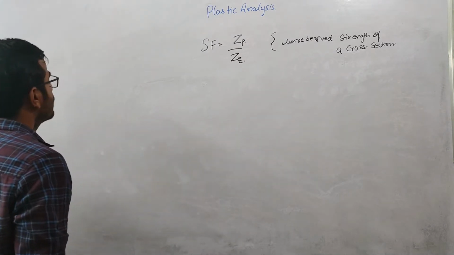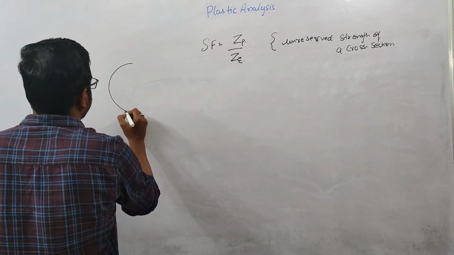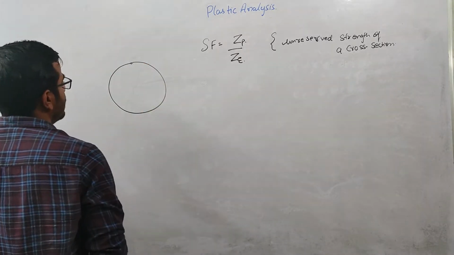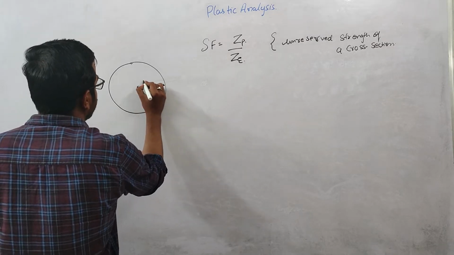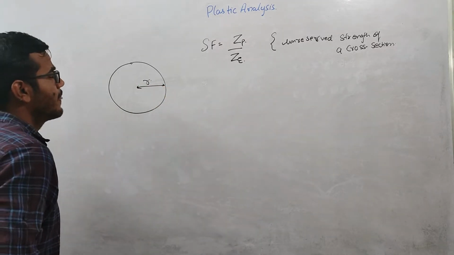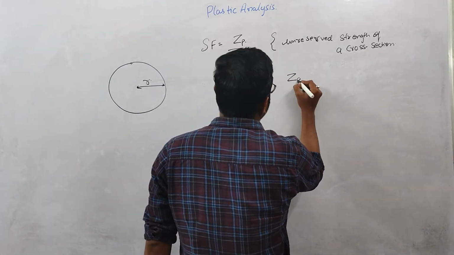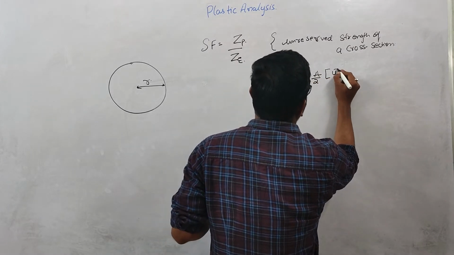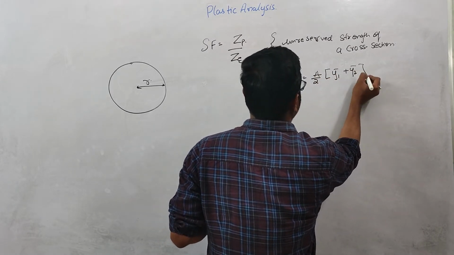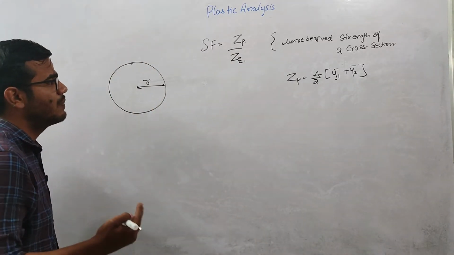Now let us suppose we have one cross section which is circular, and the radius is r. The plastic section modulus is defined by this formula: Zp equals area divided by 2 times (y1 bar plus y2 bar). We discussed this in the last lecture. What are y1 bar and y2 bar?